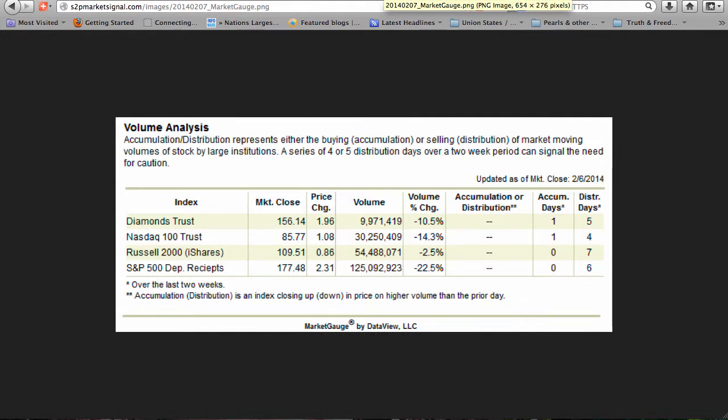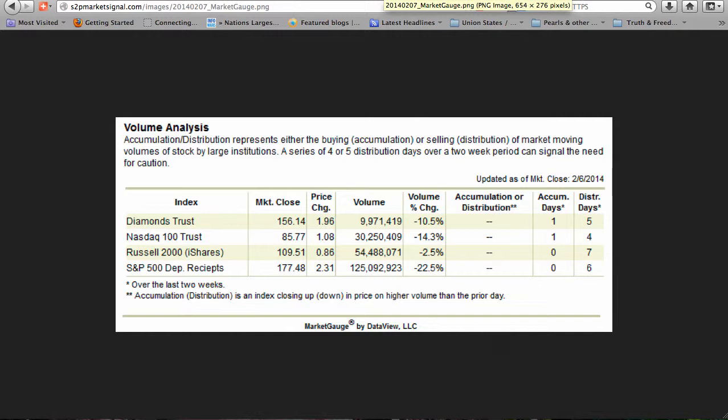In this week's volume analysis, the Russell 2000 ended in neither accumulation nor distribution mode. In the last 2 weeks, it had 0 accumulation days and 7 distribution days. Of the other indexes, the S&P 500 deposit receipts and the Diamonds Trust both ended in neither accumulation nor distribution mode.